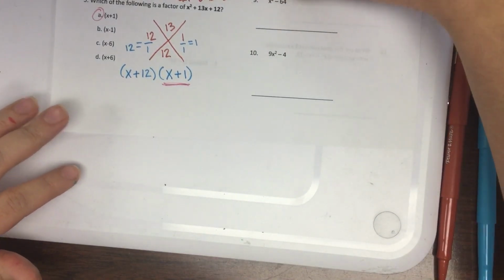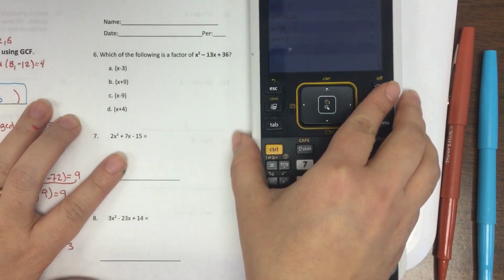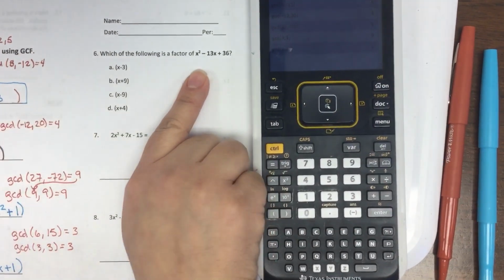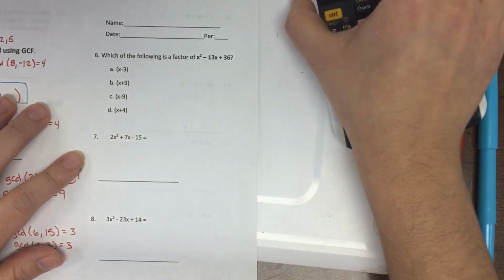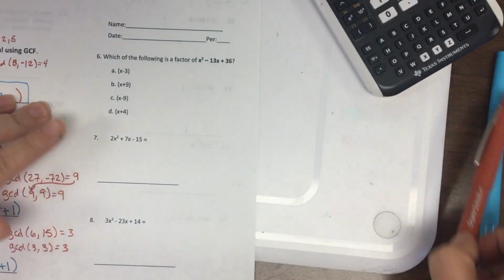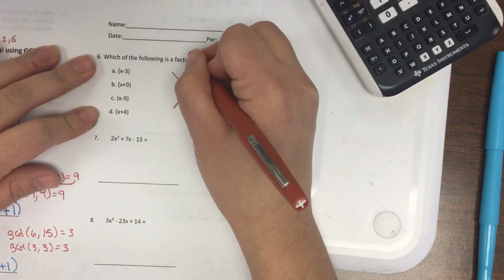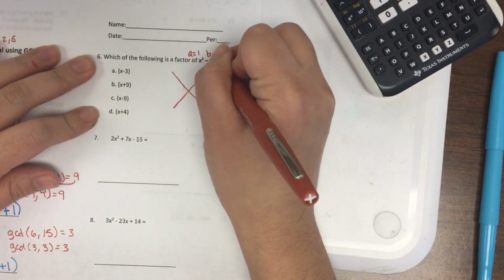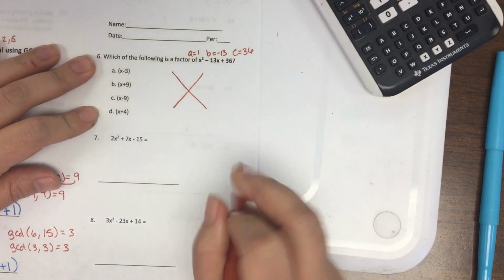Okay, so now I'm going to go ahead and do number 6, and then we'll call this video quits. So on number 6, okay, same question, which of the following is a factor of that x squared minus 13x plus 36? I'm still going to do my x method, so I know my a value is 1, b is negative 13, and my c value is 36.